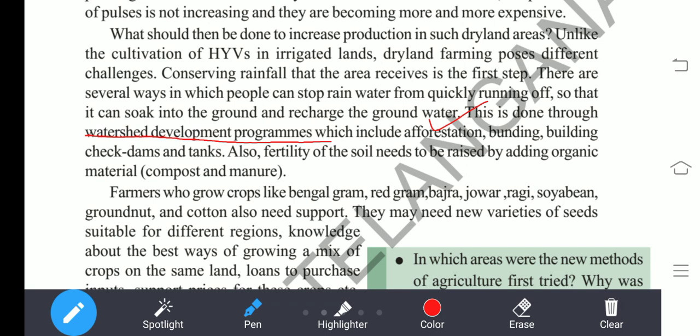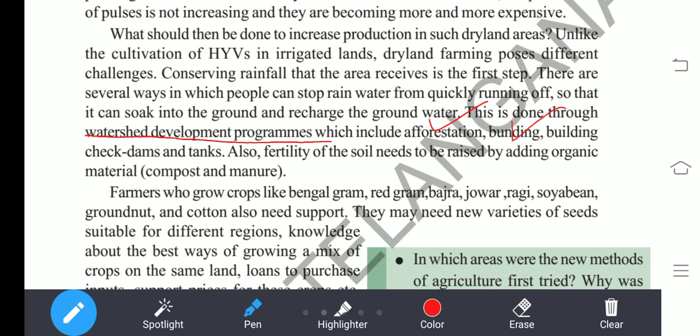Runoff is regulated by the tree cover so that the soil gets much time to absorb the water. In such a way, there will be recharging of the groundwater and it increases the groundwater level by afforestation. That is one method to conserve the rainfall in dryland area.